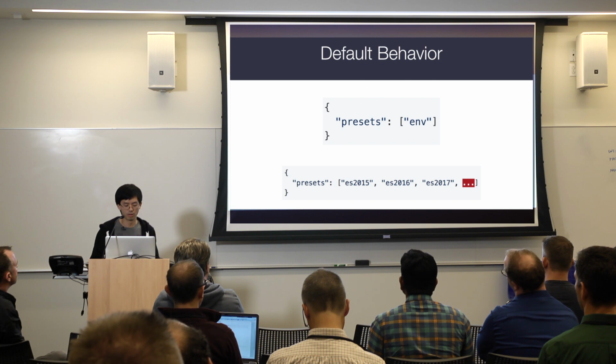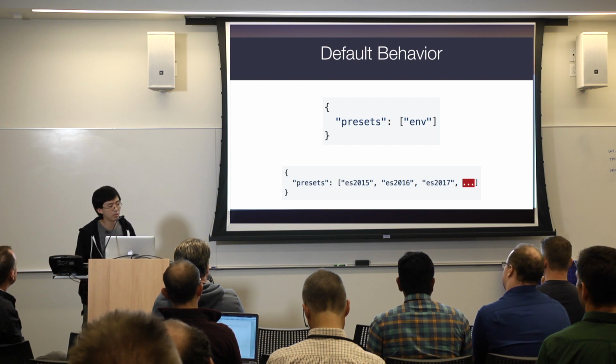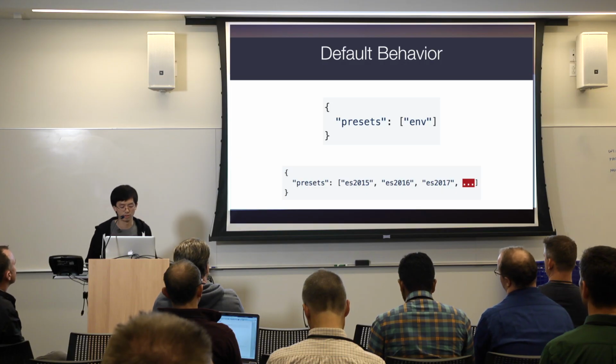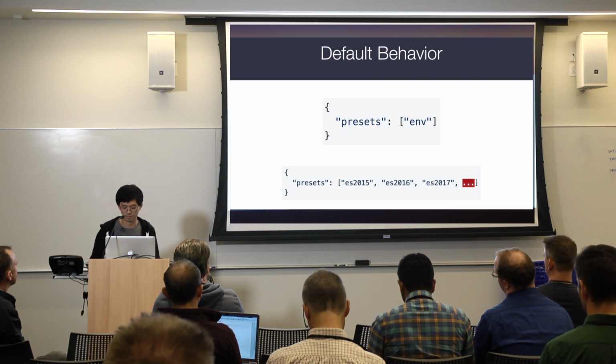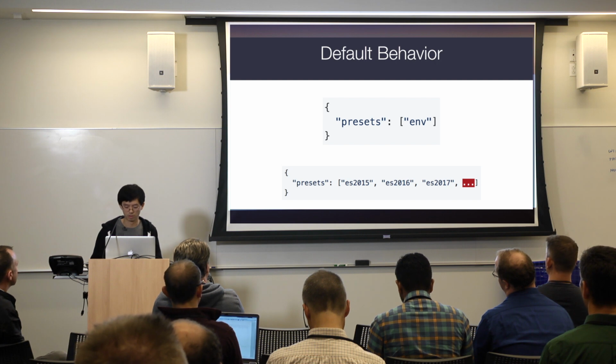And another problem is people were confused about how the targets worked, but actually if you use env without any options at all, it does the same exact thing as if you just used 2015, 16, 17. So if you're already using just preset 2015, just change the ES2015 to env, and everything will work the same. So I'm going to go into some examples of what this actually means.